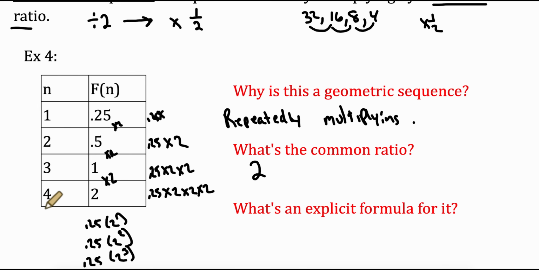So if I want the nth term in my explicit formula, let's see what I need to do. Well, my initial value, my common ratio, right? And now this was the fourth term, I had an exponent of 3. That's 1 less. Third term, I had an exponent of 2, 1 less. Second term, I had an exponent of 1, 1 less.